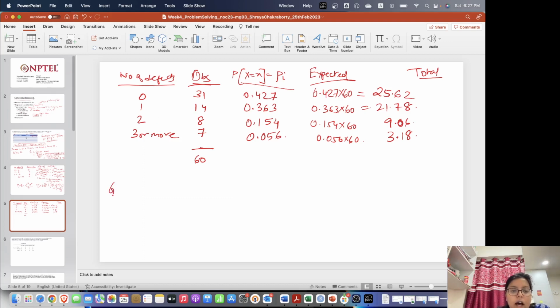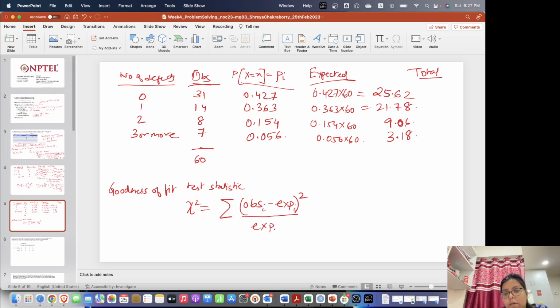So now our goodness of fit test statistic is a chi-square, which is summation of observed frequency minus expected frequency whole square for ith group by expected frequency for ith group, i equal to 1 to 4.